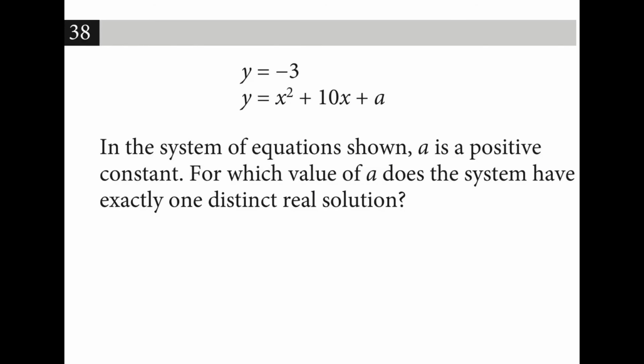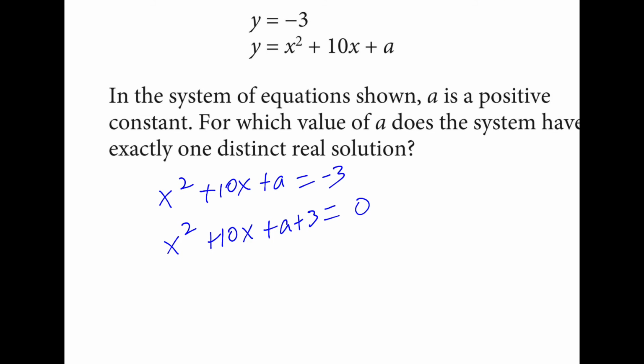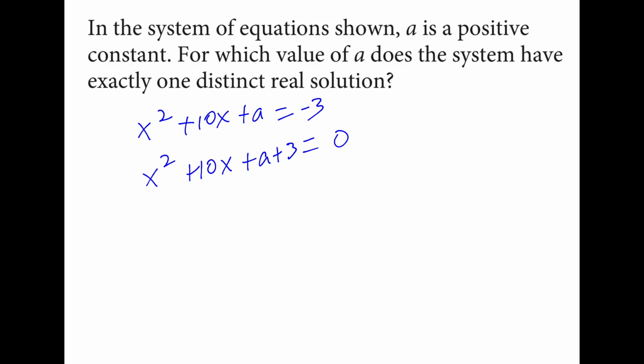These are both y equal statements. Set them equal to each other. Then we're going to subtract or add 3 to both sides. Now that it's equal to 0, I can look at my discriminant and use that to find one solution. So the square root of 10 squared minus 4 times a times c.